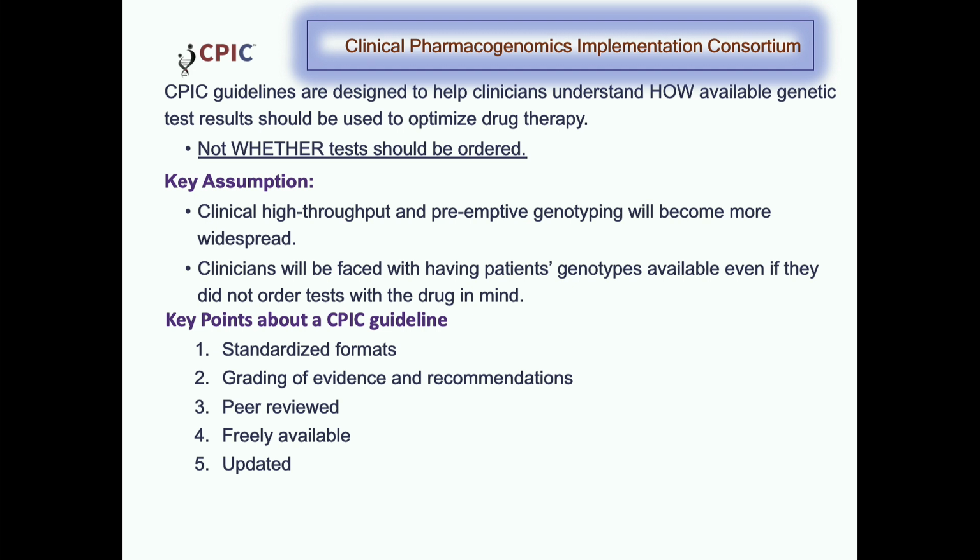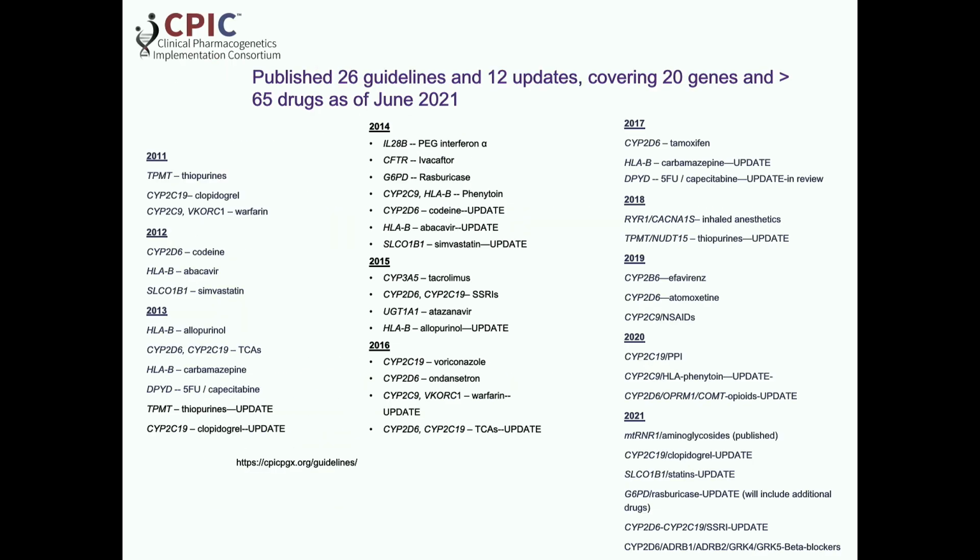This consortium is an international effort. They publish the drugs and which SNPs or genes you need to test. Data up to 2021 is available on their website. I haven't seen anything after that.